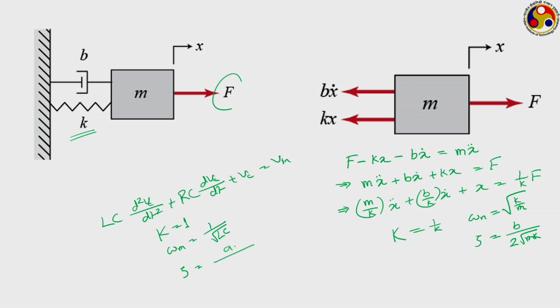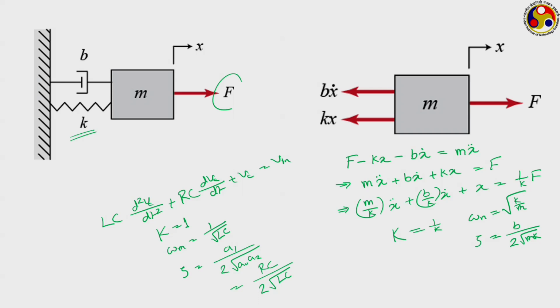We know that zeta is equal to A1 by 2 root over A naught A2. So, here A1 is RC, and your A2 is LC. So, from there we can get the expression for zeta as well.